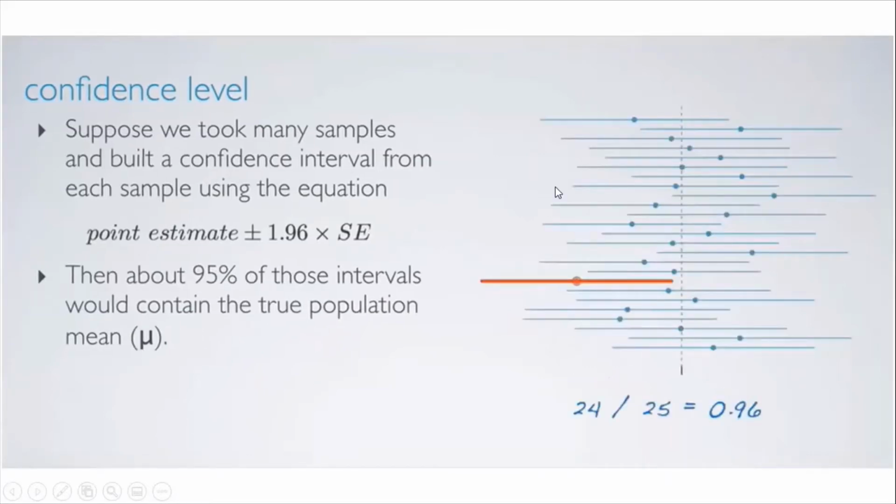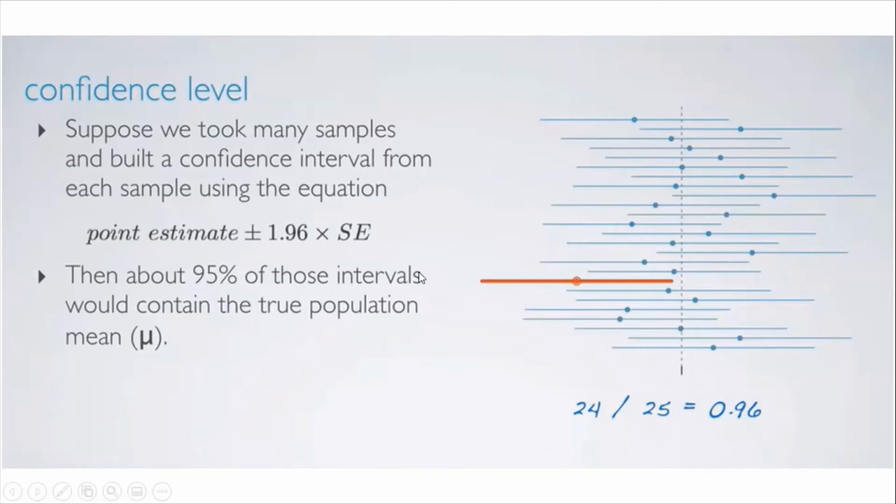You can really do the simulation. When you do 25 trials, 24 of them will contain the true value. This dotted black line is the true value, and only one does not capture the true population value.